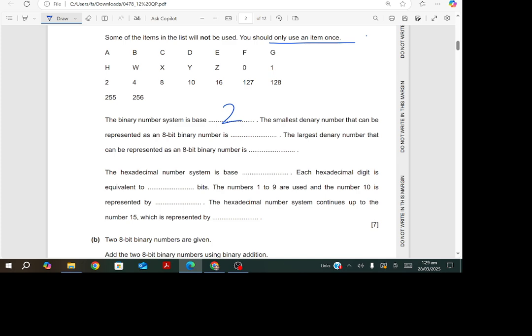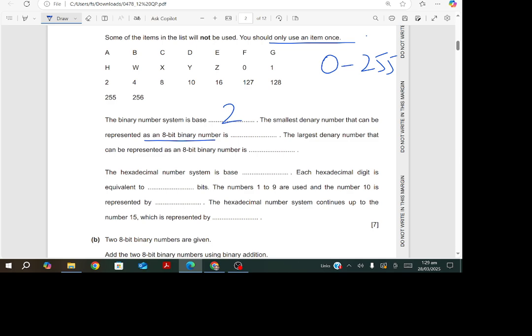Okay. The smallest denary number that can be represented as an 8-bit binary number is, yes, smallest denary number 8-bit binary number, which is the smallest number represented? 0, because we know that the smallest positive number is 0 and the largest number that can be represented in denary is 255.